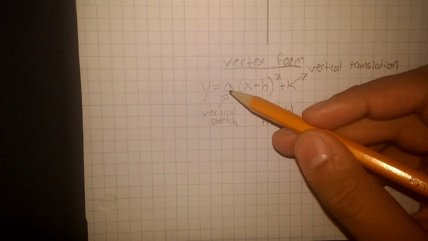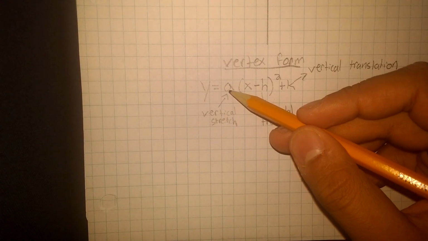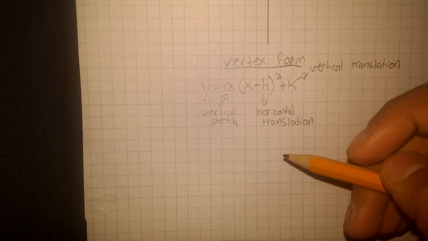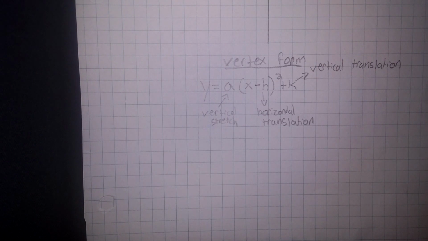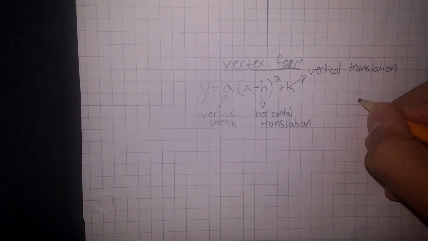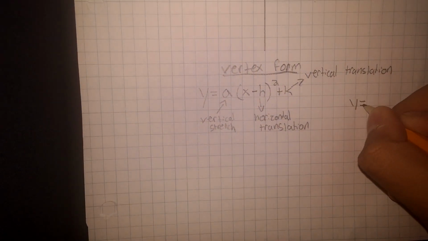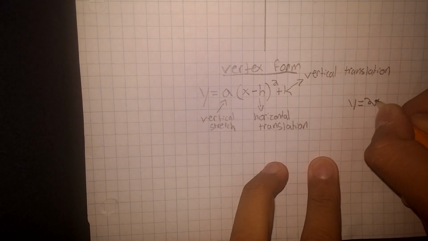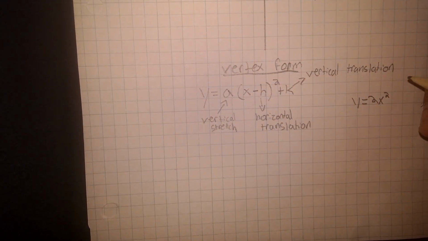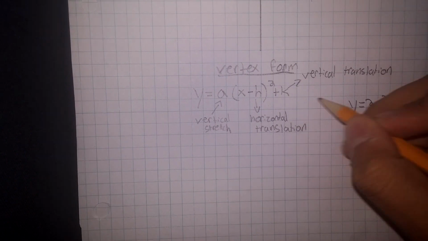So the a right here is equal to your vertical stretch. What we did in the previous example, which was y equals 2x squared, how is this related to that?